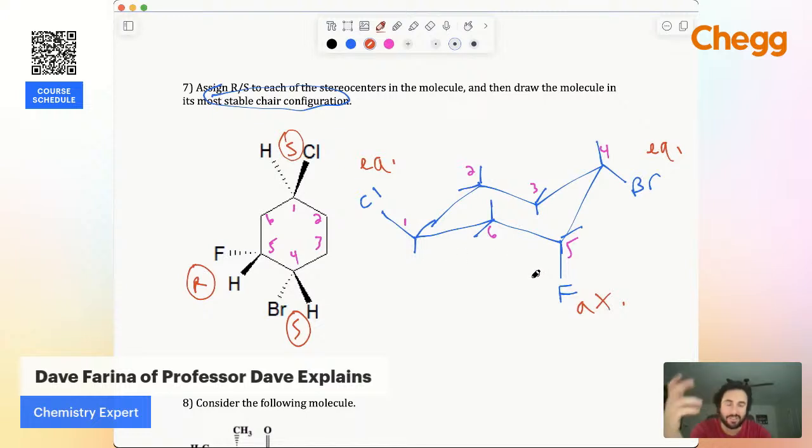There's a steric hindrance, a repulsion that's associated with that axial position. So the more groups that are equatorial, the better. And furthermore, bromine and chlorine are bigger than fluorine. So there's actually a higher energetic premium on having the larger halogens be equatorial because they've got a larger electron cloud. So there's going to be more repulsion. So this is the best chair conformation for that molecule.